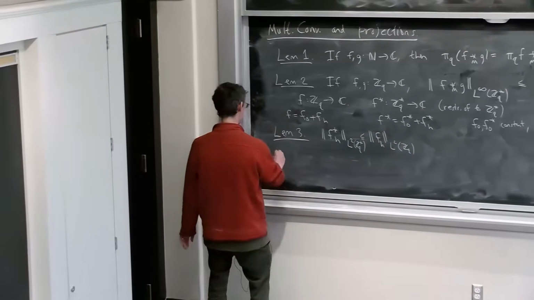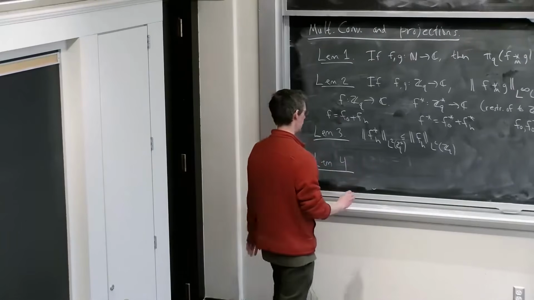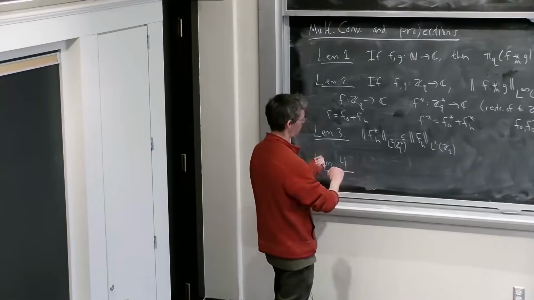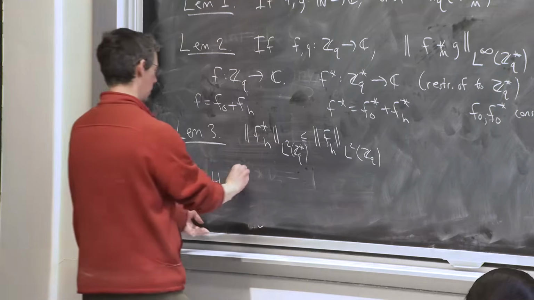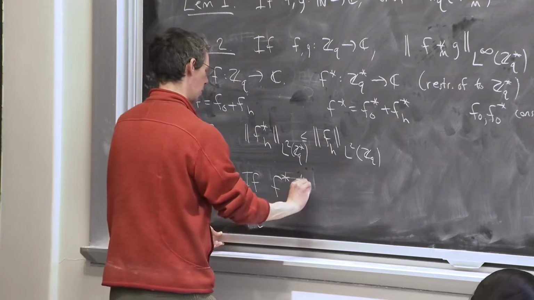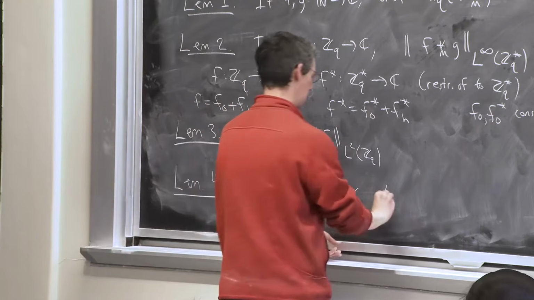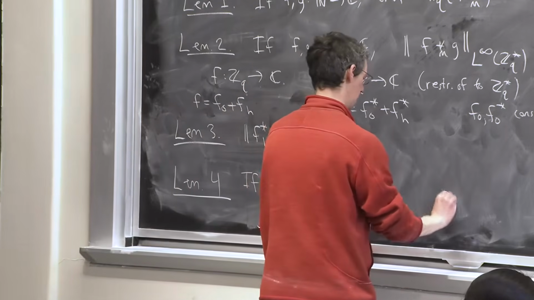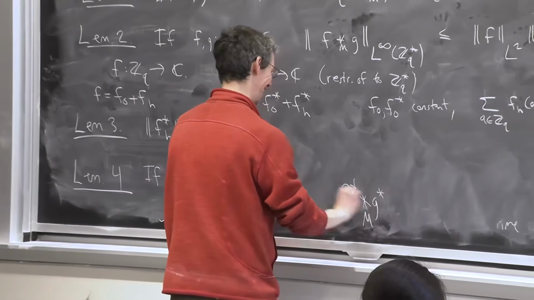And then the last lemma says that the high part commutes well with multiplicative convolution. So if f star and g star are on Z_q star, then there's going to be a lot of stars in this formula.